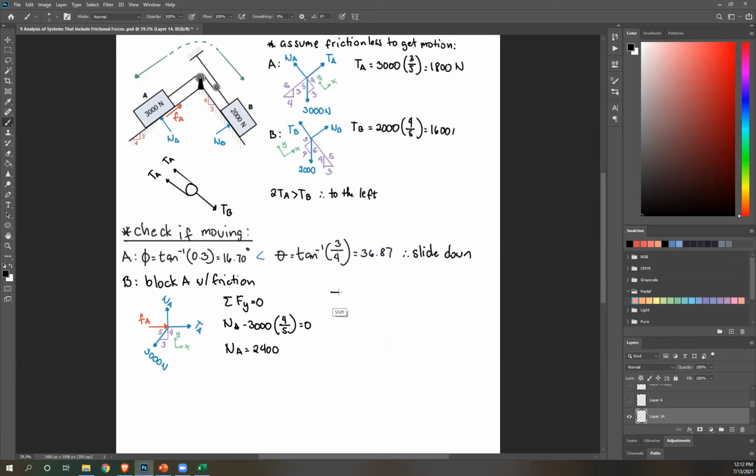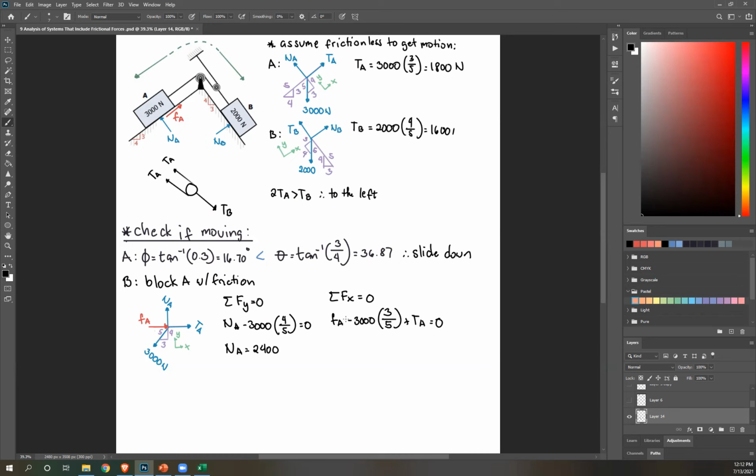Again, the goal is solving for tension. Let's move on to summation of forces x. FA to the right, so positive FA minus 3,000 times the horizontal component, horizontal side is 3 over hypotenuse 5, plus TA equals 0.